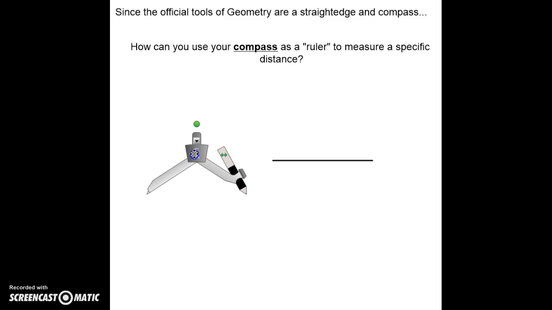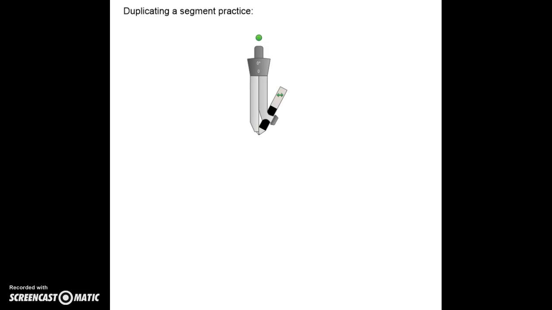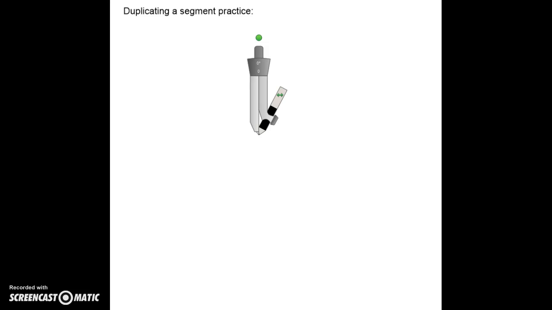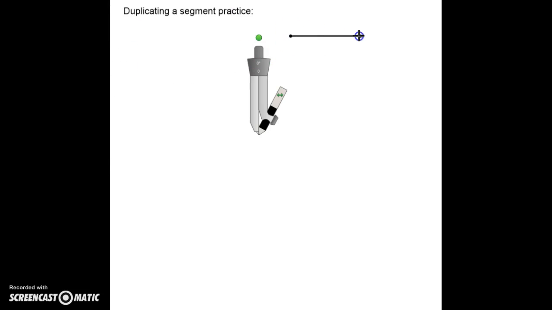So just by using the compass, I can create an exact replica. So if I wanted to duplicate a segment, I could do that same length. And that's what we'll be practicing first, is actually duplicating a segment. So let me get a segment first, and by getting this segment, we're going to be drawing it to start. And for drawing, you would use your ruler, decide how long you wanted it, make it kind of nice and neat.